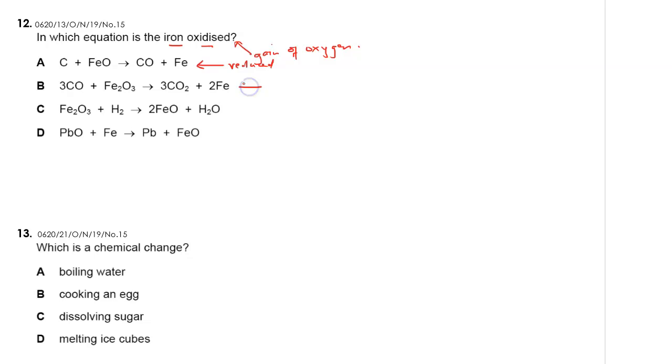What about here? We are looking for the one where iron is oxidized. So in this one, iron has lost oxygen when it reacts with carbon monoxide, and we get iron here. So likewise, iron has been reduced here, because it has lost oxygen. What about this one?